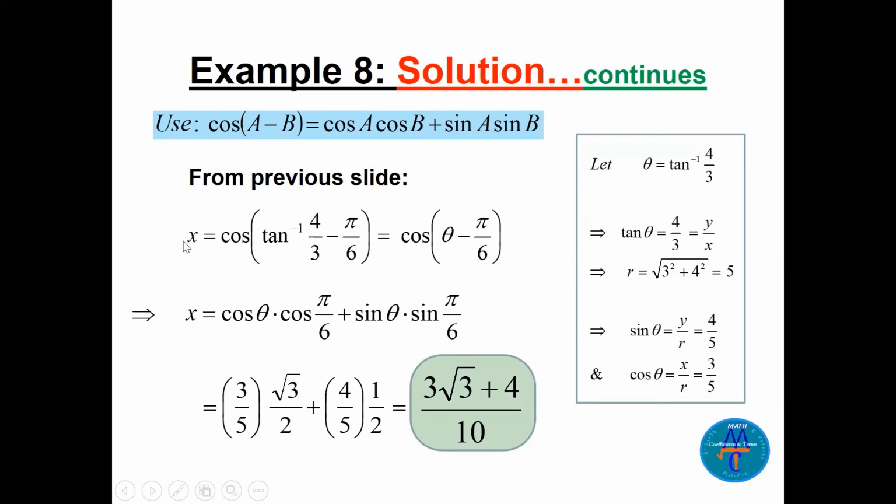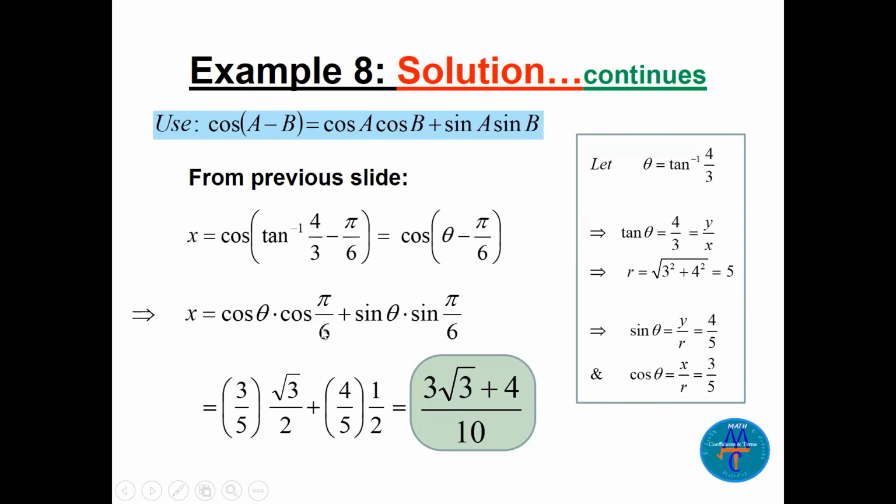Now let's look at x. Cosine of theta minus pi over 6. Just remember the formula. I wrote it here again. So it will be cosine of the first angle theta times cosine of the second angle pi over 6 plus sine of the first times sine of the second. We know all these. Cosine of theta from here, 3 over 5.